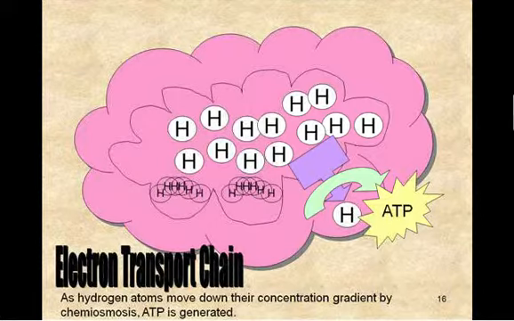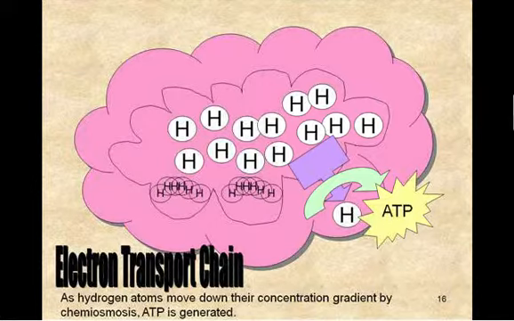Now, not make it out of thin air, like I said, but provide the energy to attach the phosphate group on to the molecule to make ATP. This process is called chemiosmosis, and it occurs in the mitochondria. It's the main way, by far, that animal cells make their ATP, using this concentration gradient of hydrogens.